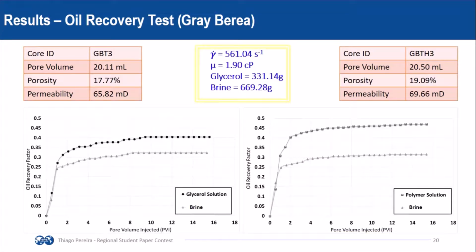Here, we can see the amount of glycerol used to produce a solution with an equivalent viscosity of the polymer solution. It can be noticed that recovery factors using brine are pretty close to each other, so the idea to use it as an initial correlation worked, and improvement in oil recovery factor was almost 2 times higher using polymer solution.